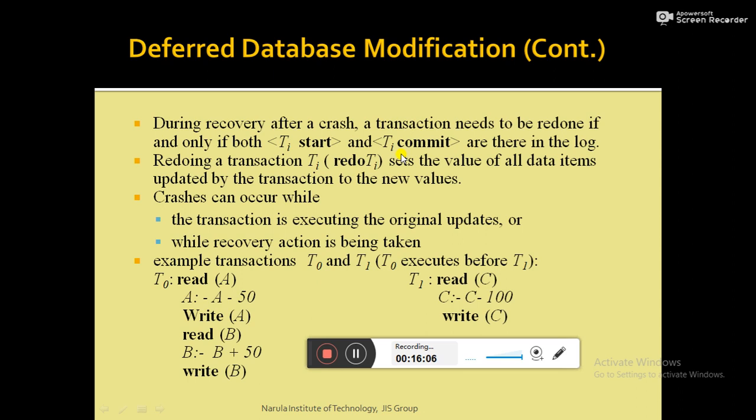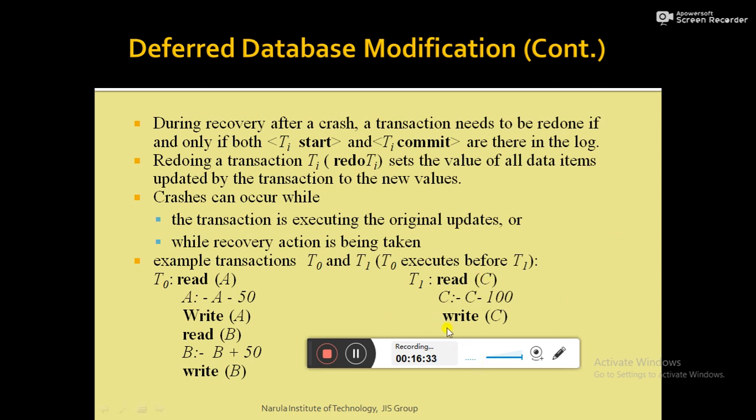That is why Ti commit is recorded. So the transaction is committed, which means the database needs to be updated, so we have to redo. For redo, we execute the command redo Ti. Redo Ti means it will set the value of all data items updated by the transaction to the new value.